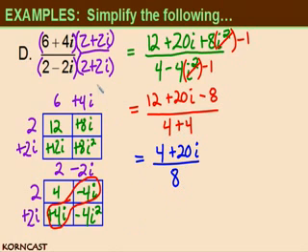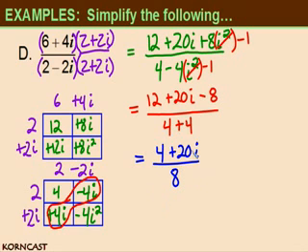That was due to the fact that we multiplied our complex number in our denominator by its conjugate. Now we need to ask ourselves, is this number in complex number form? And the answer is no. We need a plus bi, not a plus bi divided by 8. So now we need to use our knowledge of the addition of fractions to write this into a plus bi form.